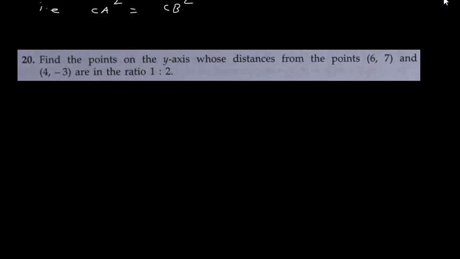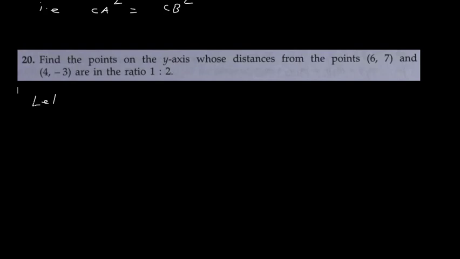Now here the 20th question is: find the point on the y-axis whose distances from the points (6, 7) and (4, 3) are in the ratio 1:2.